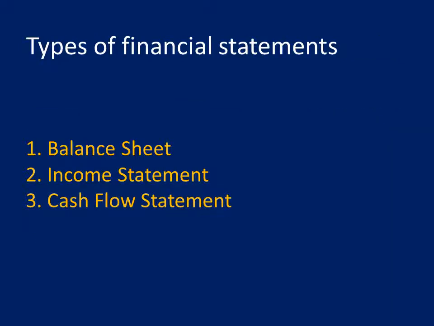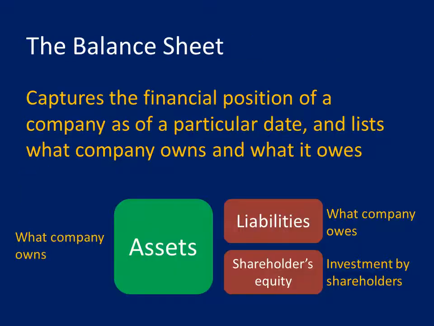There are three types of financial statements, namely the balance sheet, income statement, and the cash flow statement. We will discuss these statements separately. The first statement is the most important of all the financial statements, which is the balance sheet.